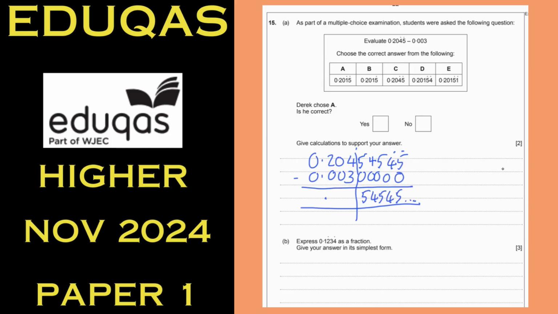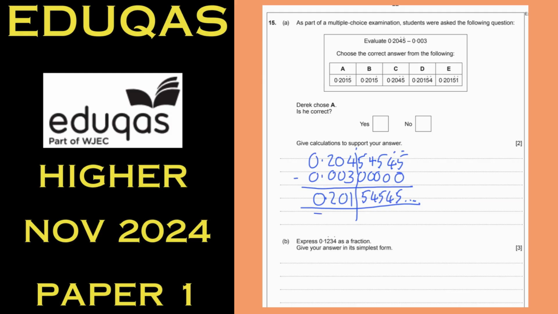That's just going to keep on going forever. What you want to look at is what's going on above that. We've got 4 minus 3. 4 take away 3 is 1. 0 take away 0. And 2 minus 0.